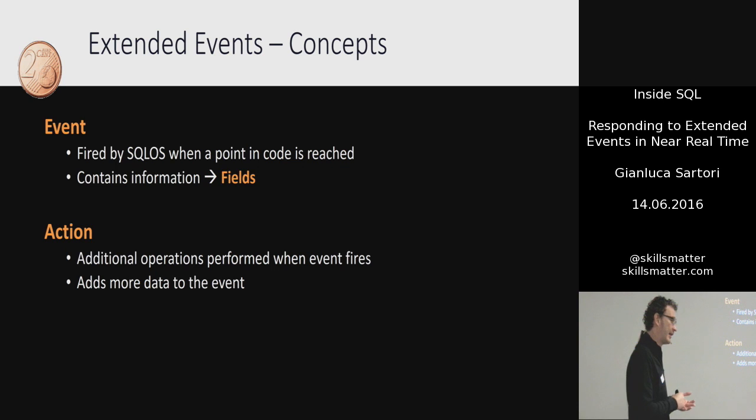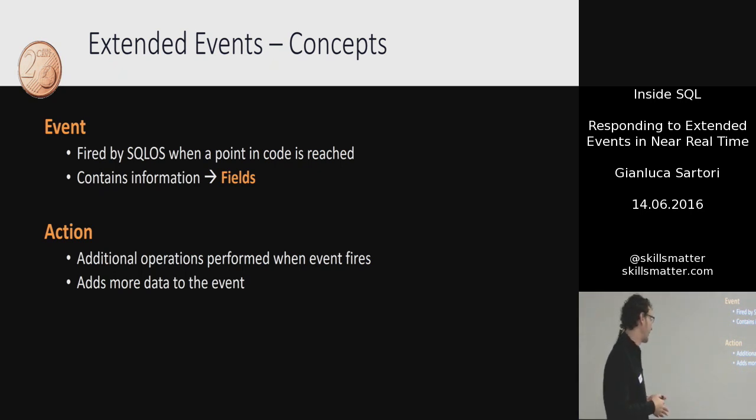And that event tells us that that particular point in the code has been reached. And all the points that are important for us will have that call to raise an event. And also, when the event is fired, it will contain a payload, some information about the state of the system when the event itself was fired. And this payload is the fields. So all these fields will contain values that describe the state of the system.